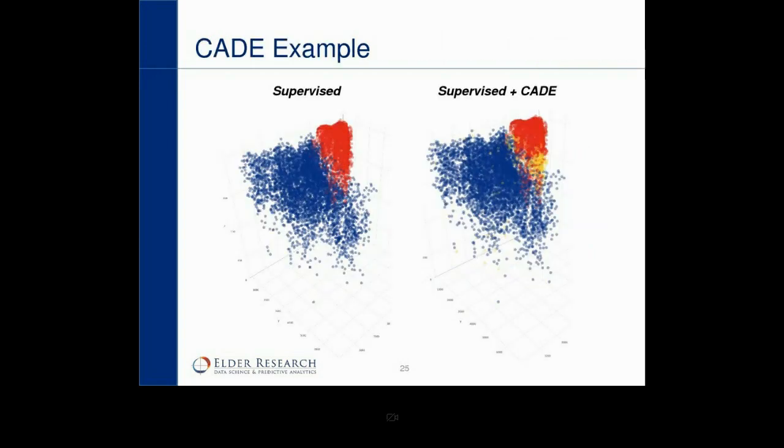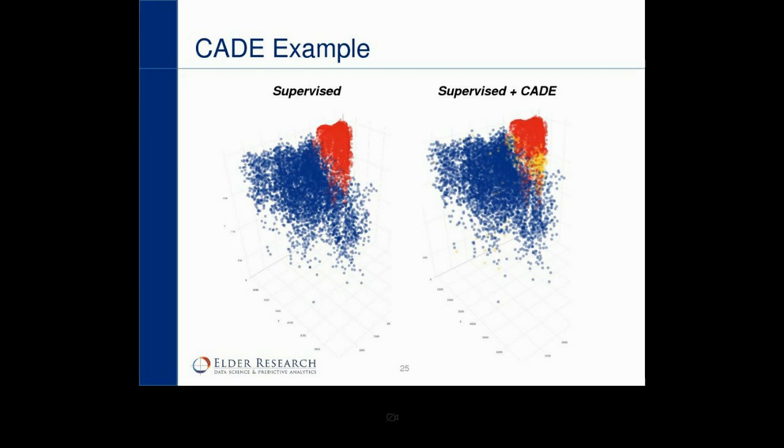So here's an example. Now, with 3 dimensions, I can only do 3 features at once, but these 3 features were important in the fraud model. So we had a whole bunch of cases in this 3-dimensional space, and we knew which ones were labeled as bad and which ones were labeled as good.